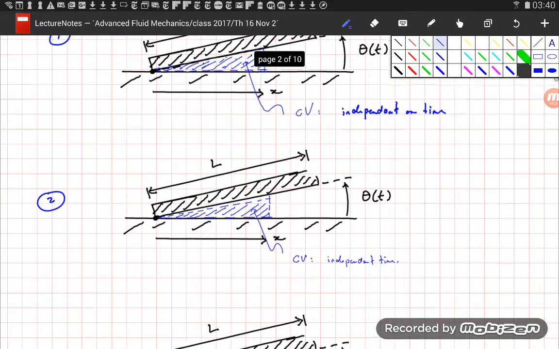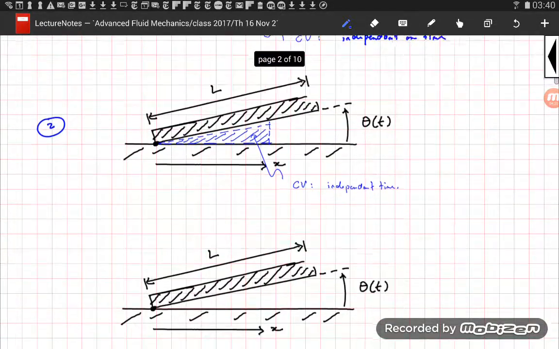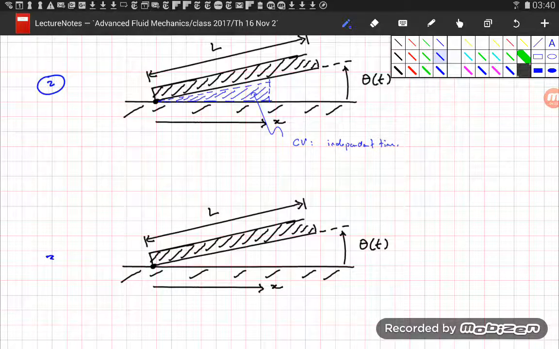And now your third choice would be to take a control volume which changes with time. You can also do that. So this is my control volume now. The bottom surface is the exact same. The side surface as well. And now the top surface here coincides with the plate, but follows the motion of the plate.